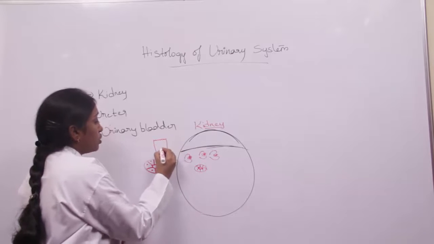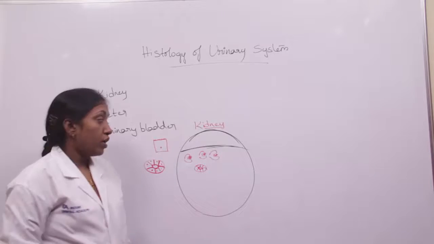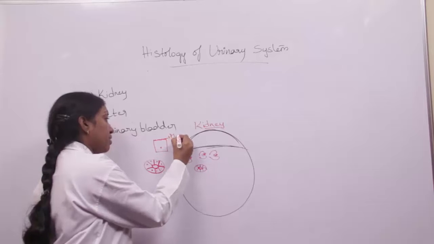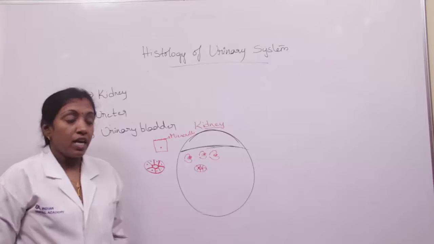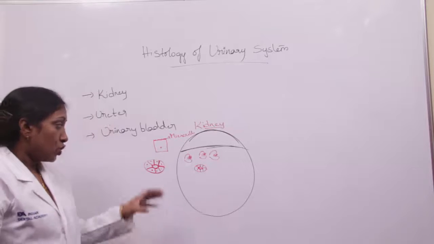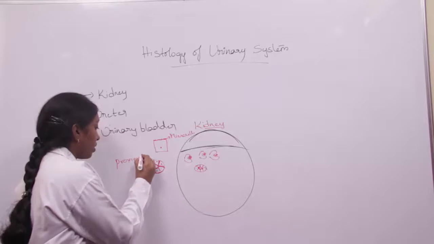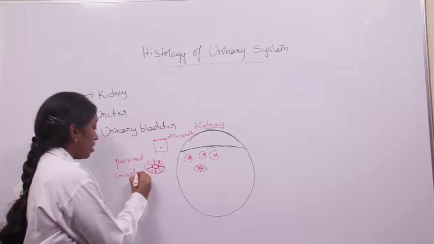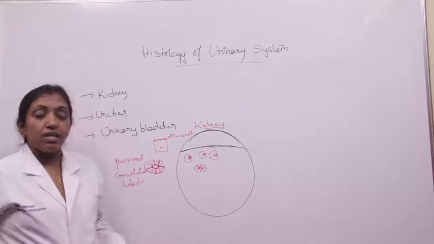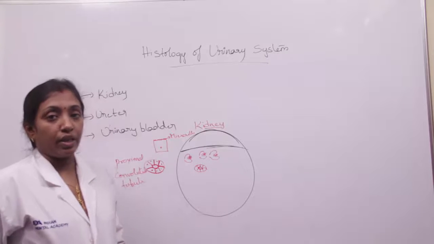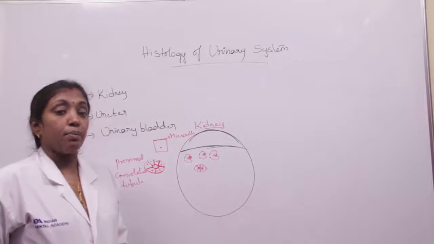The apex of the cell shows a striated border, which is nothing but the presence of numerous microvilli. The upper part of the cell consists of numerous microvilli, that way they have a striated appearance. So the proximal convoluted tubule is lined by simple columnar or cuboidal epithelium with a striated border, because of numerous microvilli.